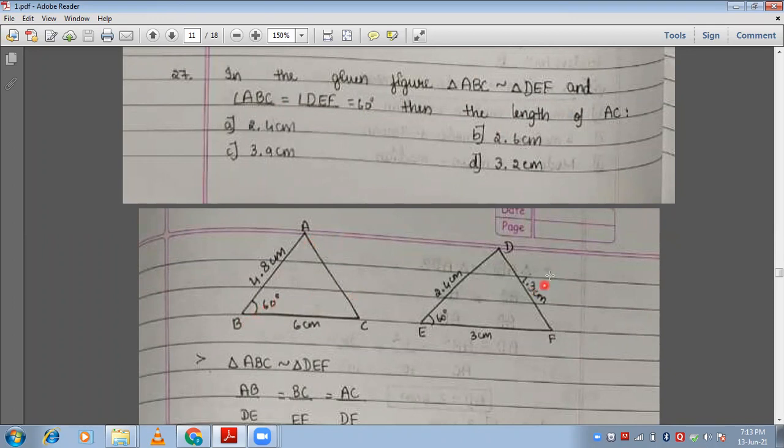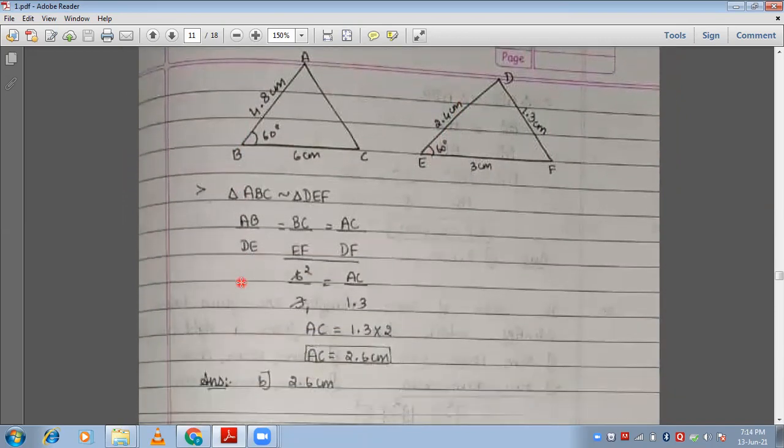So apply here AB by DE, BC by EF equals AC by DF. Observe here, this is 2 times this one. 3 2s are 6. 2.4 into 2 is 4.8. 1.3 into 2 is how much? 2.6. So option B is correct because this length is 2 times the other. So option B is correct.